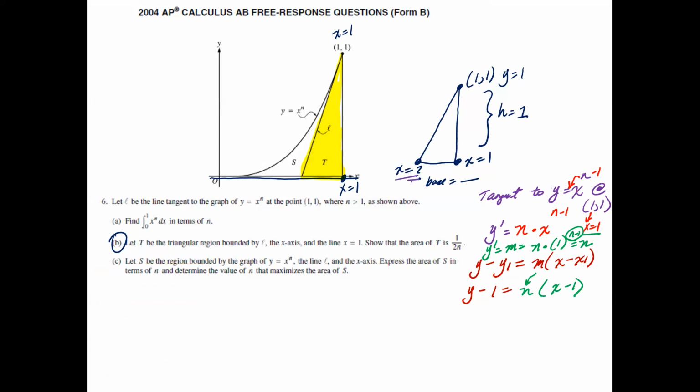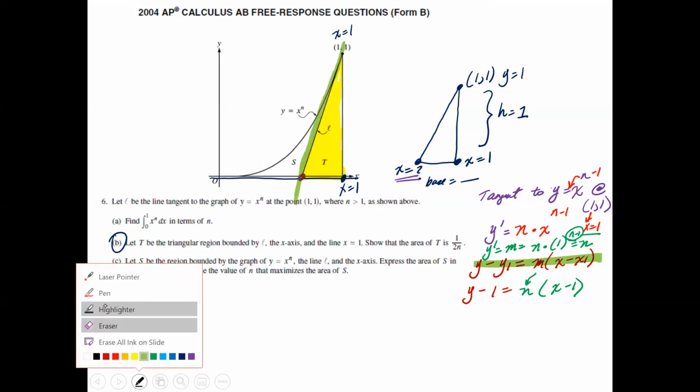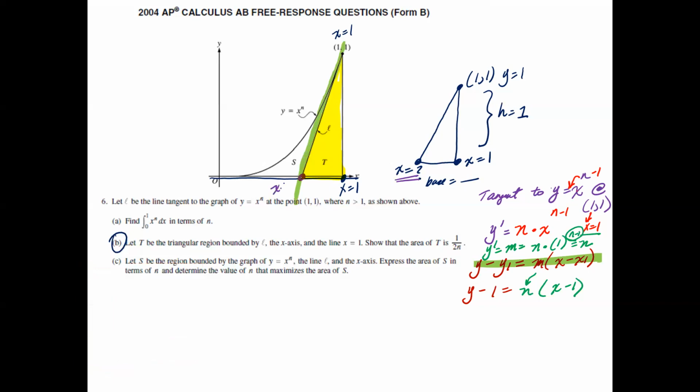I need to figure out what this point right here is. If I could find the x-intercept of this equation, because essentially this equation is the equation of this line right here, which is when y is 0, what is x equal to, then I will know the location of this point.